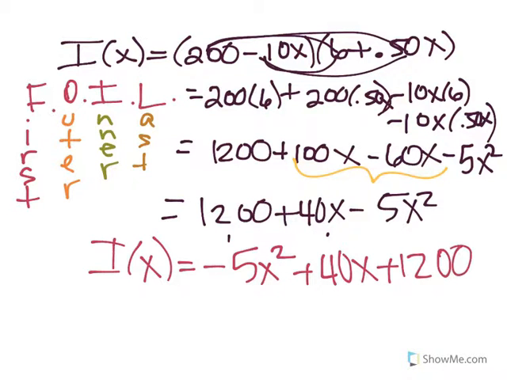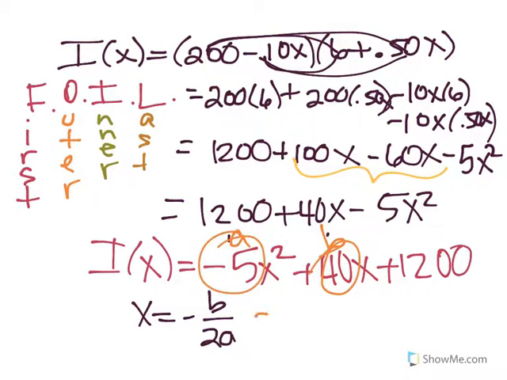Alright, so to find our maximum value, we're going to use x equals negative b over 2a, where b is 40, and a is negative 5. So we plug in negative 40 over 2 times negative 5, and that gives us 4.